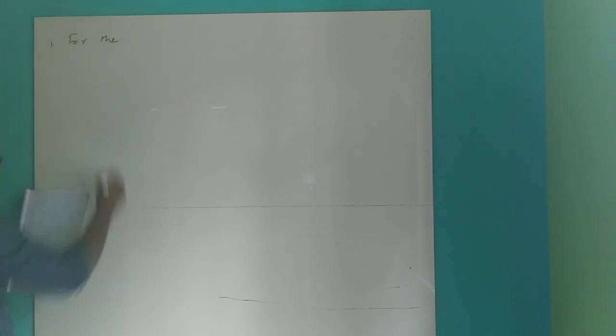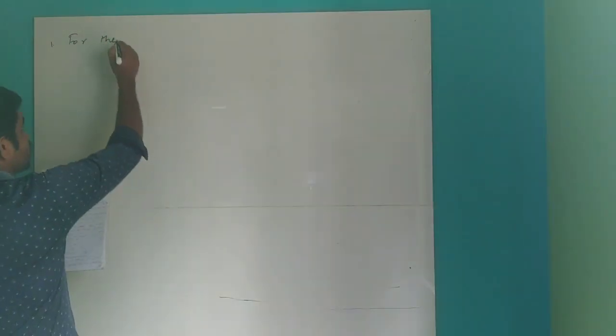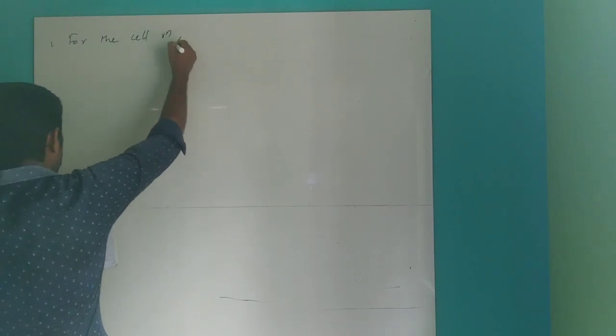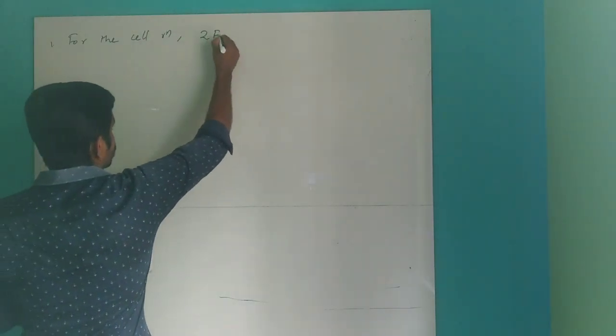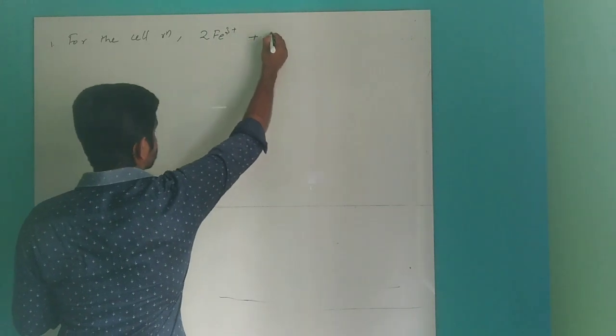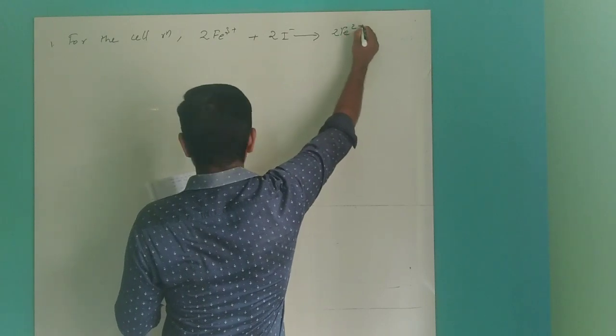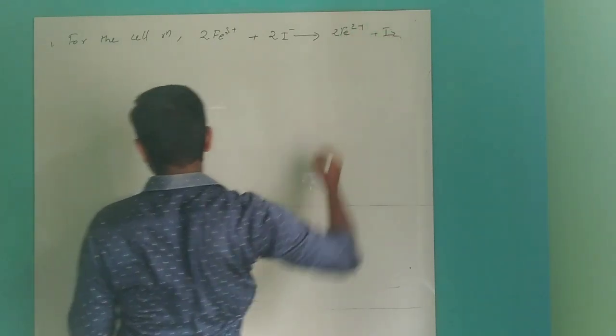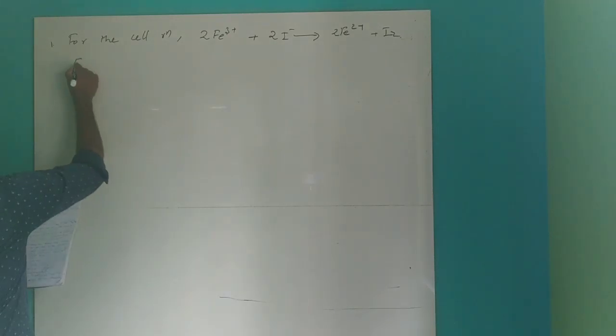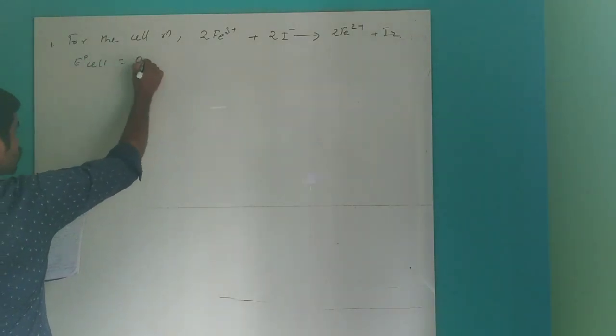Yes, now we can discuss the last 24 years of NEET questions from the Nernst equation. First question: for the cell reaction 2Fe3+ + 2I- gives 2Fe2+ + I2, E0 cell is equal to 0.24 volt.